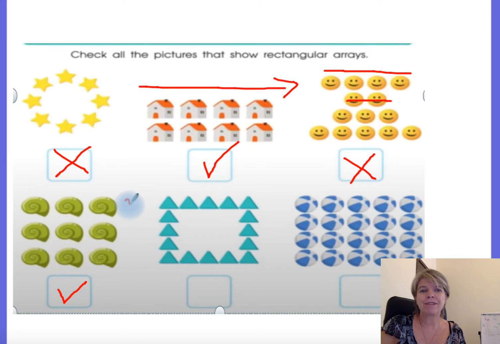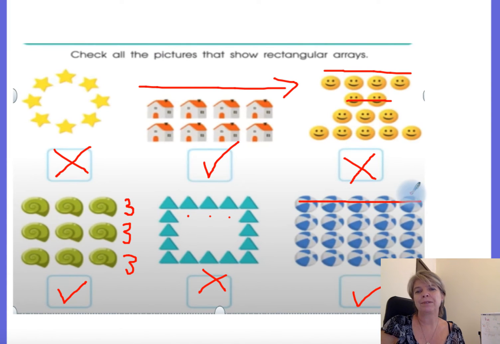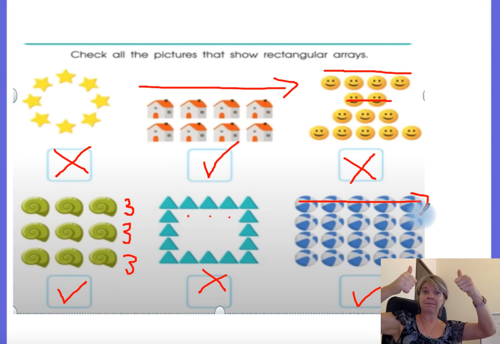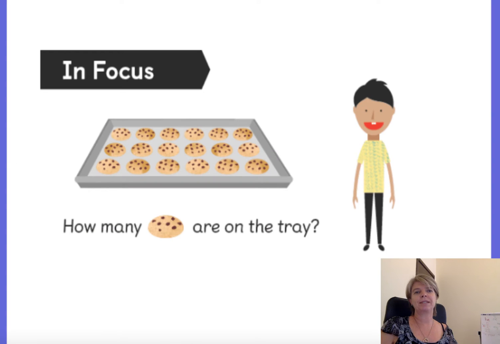They are in 3 rows of 3. These triangles, they're in rows, but they don't have the same number. The balls, yeah, easy peasy lemon squeezy. They are in equal rows. Okay, got it? It's going to be very easy what we're doing today.